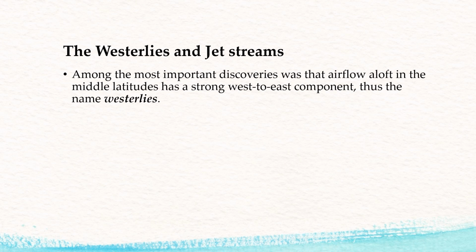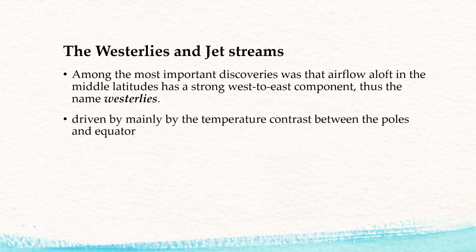The reason for these westerly winds is that aloft, we generally find higher pressure over the equatorial region and lower pressure over the polar regions, if you still remember that. These westerlies are driven mainly by the temperature contrast between the poles and the equator.